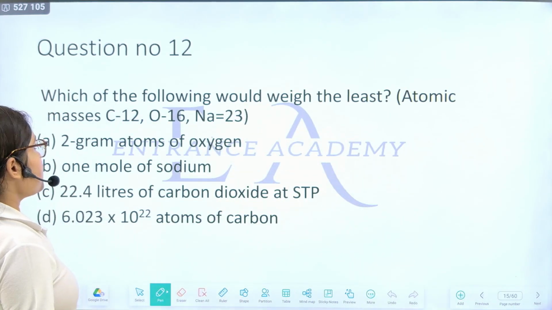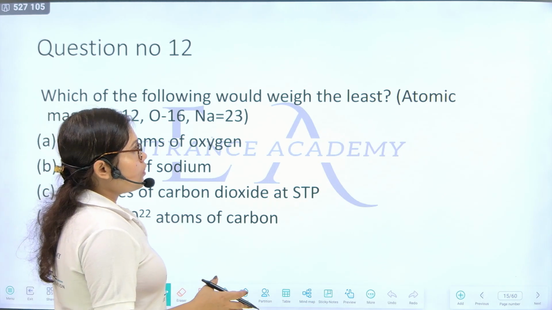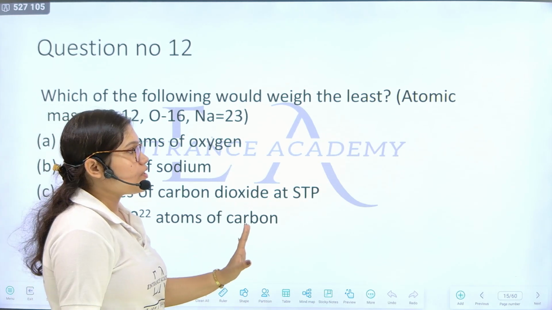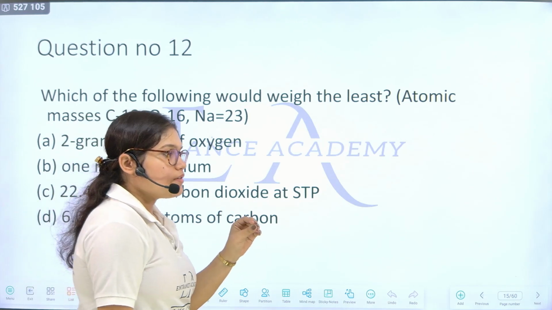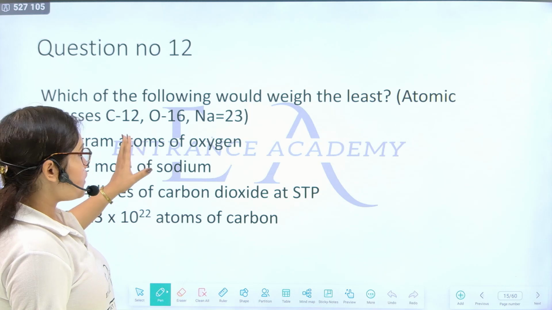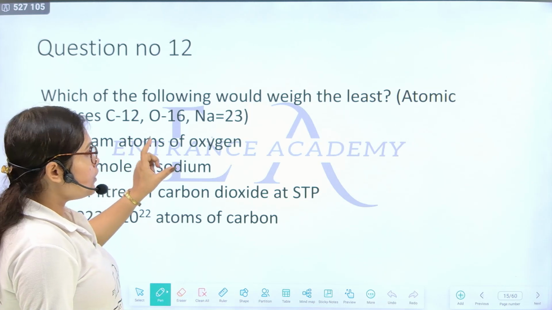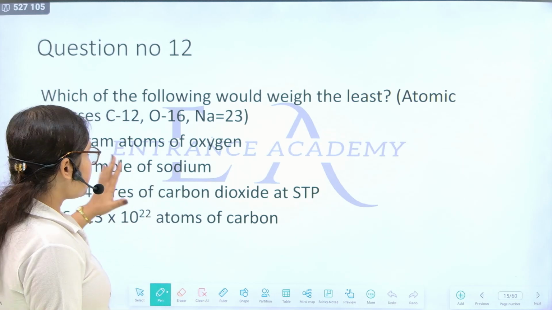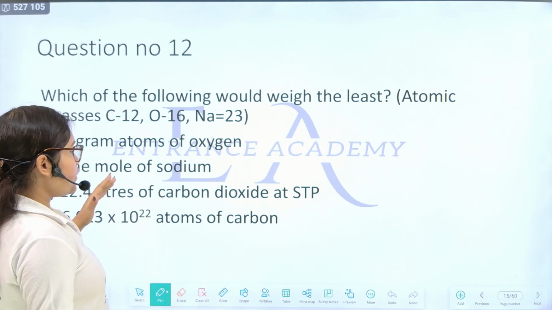Next question. Which of the following would weigh the least? This is a question from the stoichiometry chapter. You have to practice questions like this, where you need to calculate the weight in grams of different quantities.